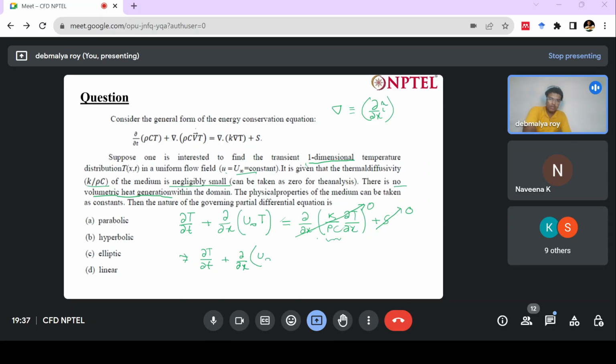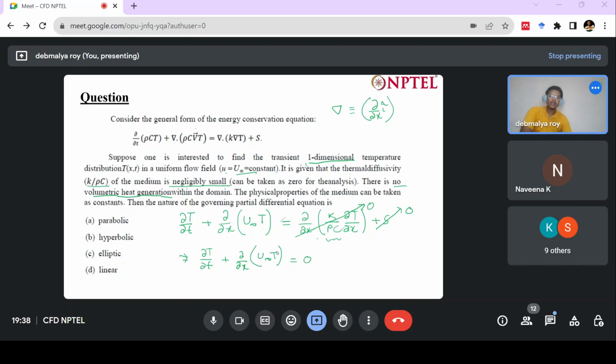Now, how can we find out whether this is a parabolic, elliptic, or a hyperbolic equation? We have so far just seen parabolic, elliptic, or hyperbolic for second order differential equations. However, while seeing the second order equations, we have developed an idea of what makes an equation elliptic.